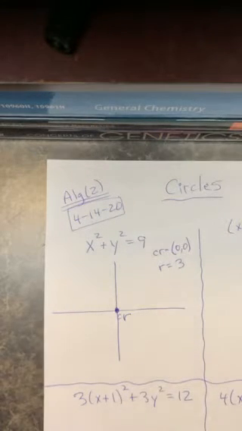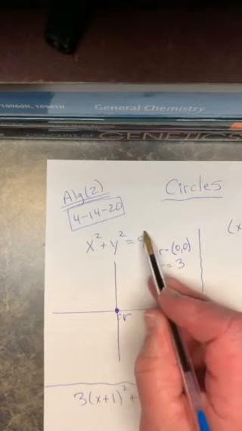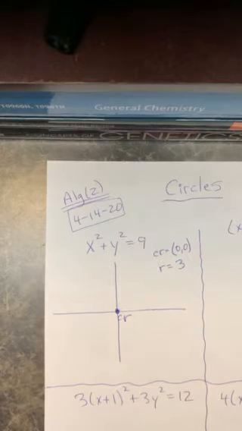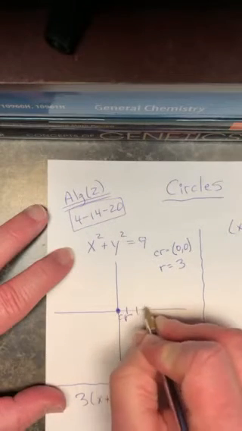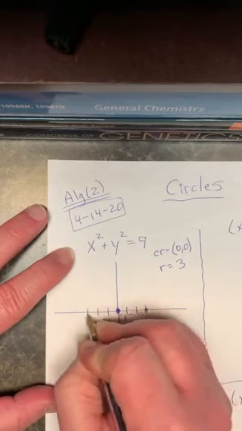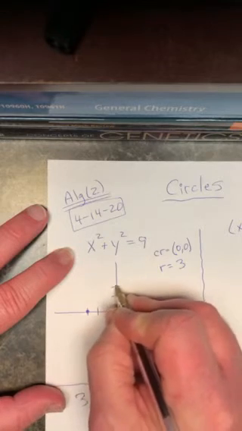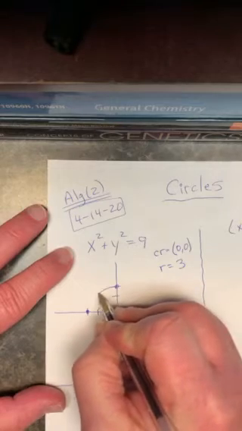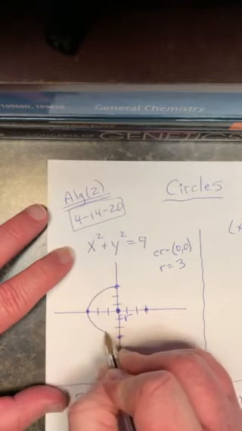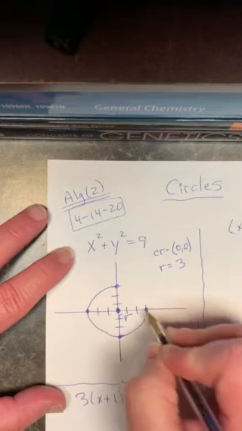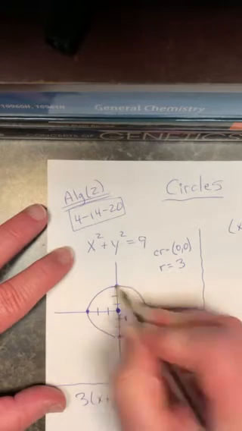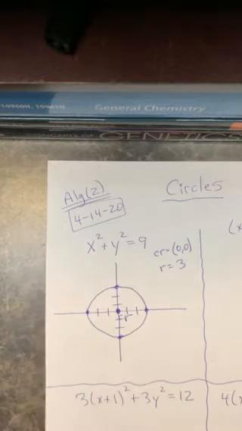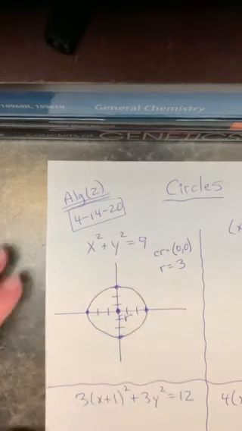So really, guys, whatever this number is on the right side, you square root it, and that'll be the radius of your circle. So I'm actually going to go right 3, left 3, up 3, and down 3. And when I connect those dots as neat as I can, wow, beautiful. Looks like I used a compass, doesn't it? You got a beautiful circle centered at 0, 0, whose radius is 3.